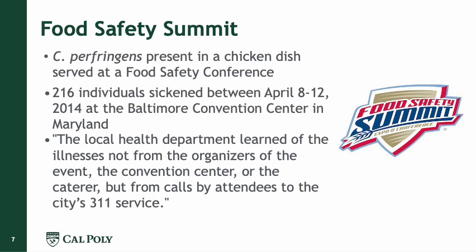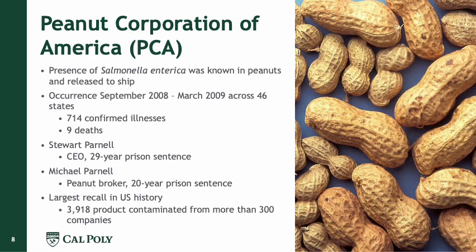The local health department learned of this problem because the attendees called the city's 311 service and reported their concern and sickness, and maybe they were taken to the hospital. This was another example of what happens when we don't cook things properly. And imagine this happening at a food safety conference. So this is a little bit of a problem.